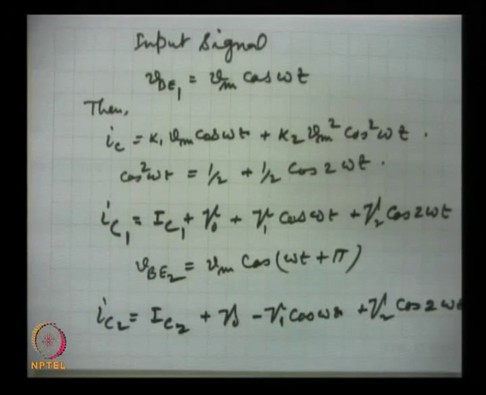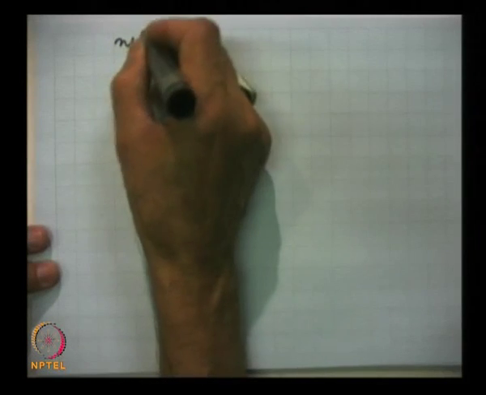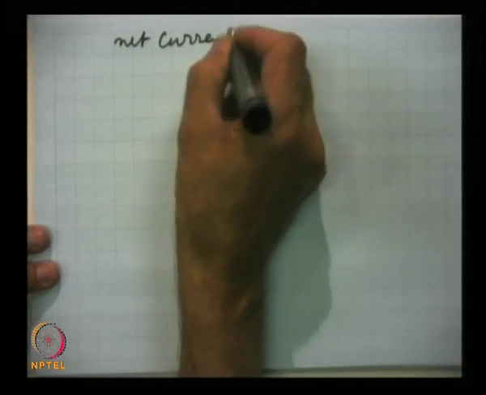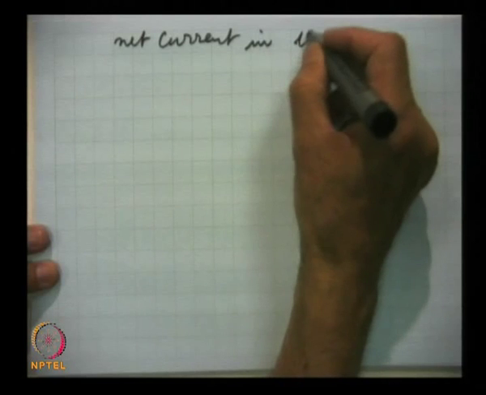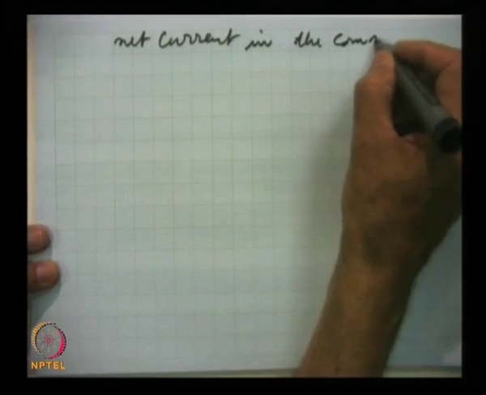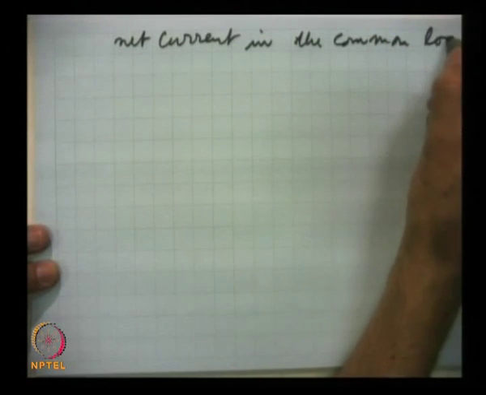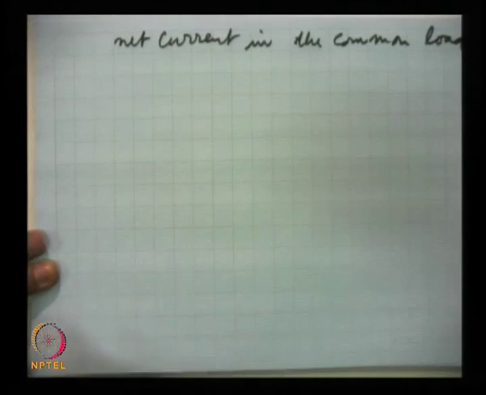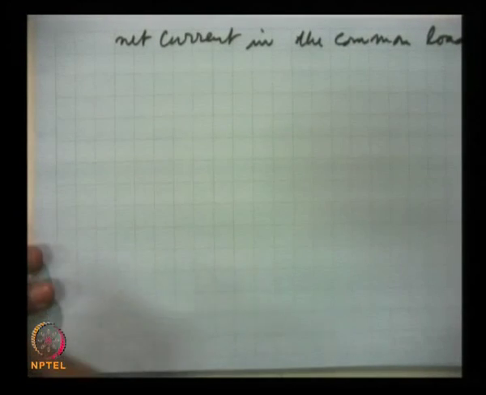And because both these currents are flowing through the common load, the net current in the common load of the amplifier will be proportional to the difference.